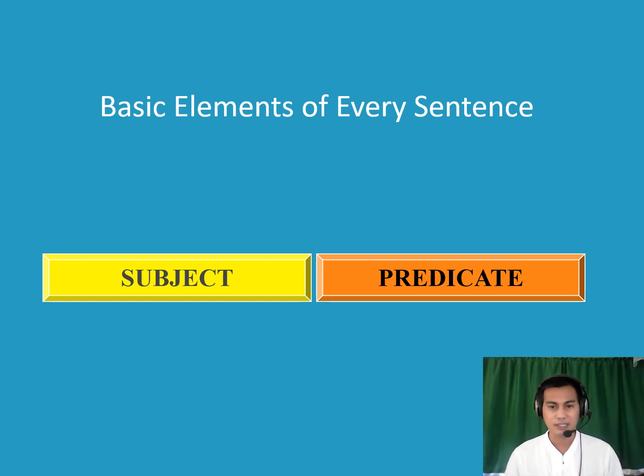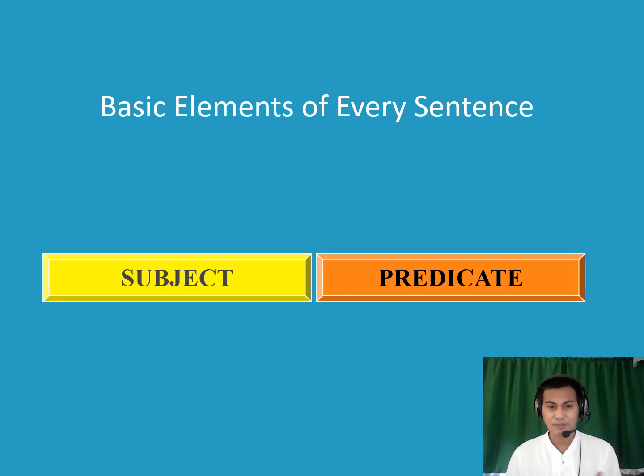A sentence has to have certain features, the standard of what a sentence should be. First, a sentence should have a subject and a predicate. These are the two main parts of a sentence.